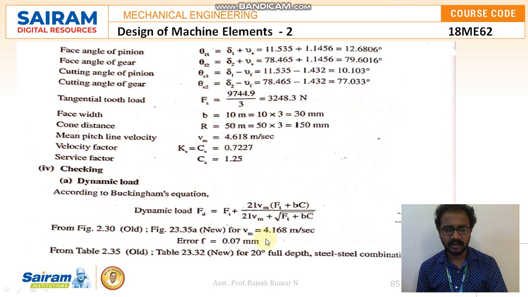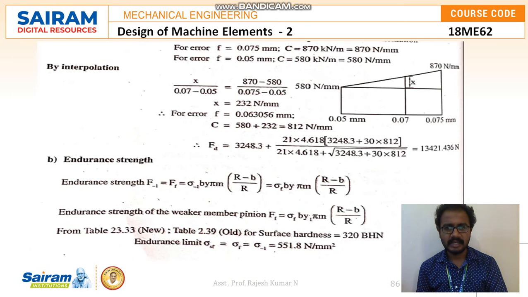If you are getting the error value as 0.07, similarly let me go with the 20 degree full depth steel combination, where for error 0.075, the C value is 870, and for 0.05 it is 580. So I'll find out the exact value for C. I'm getting 812 in between the ranges by the interpolation method. So I'll be substituting the value.